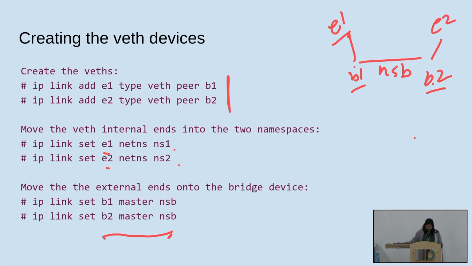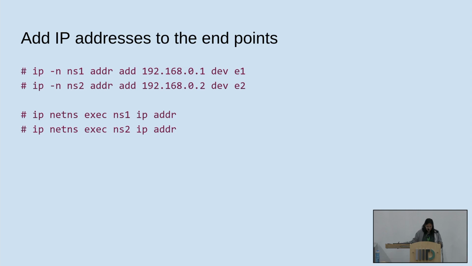Okay, great. So what we'll now do is, again, we'll add IP addresses to these interfaces. We'll add the IP addresses 192.168.0.1 to e1 and 192.168.0.2 to e2 again. And just confirm that the addresses got added correctly.